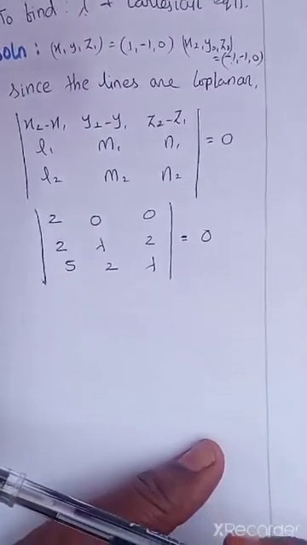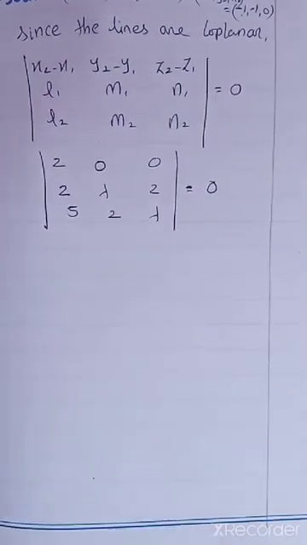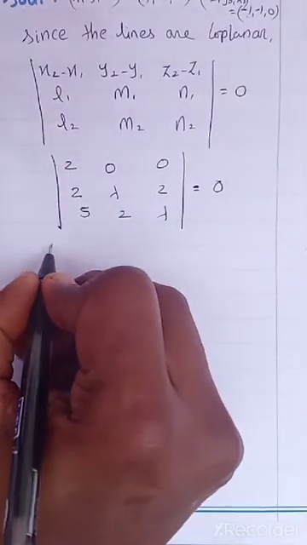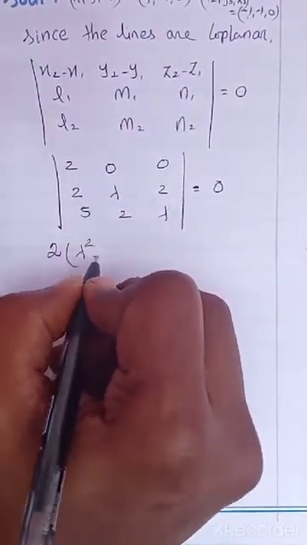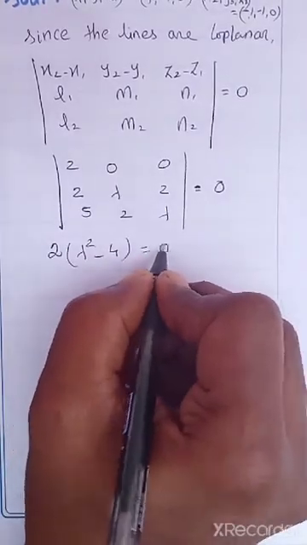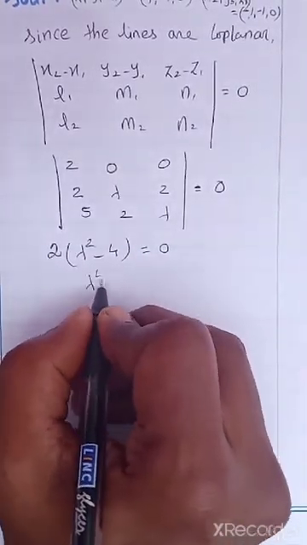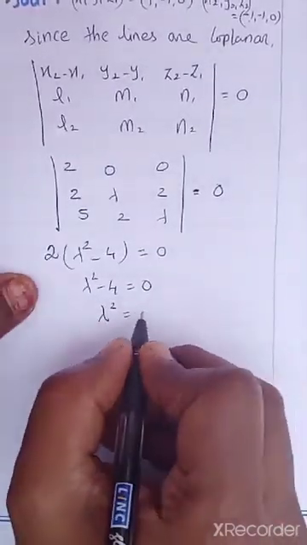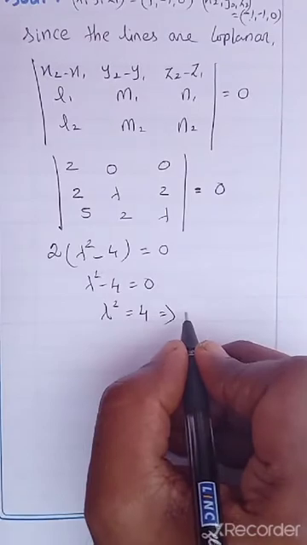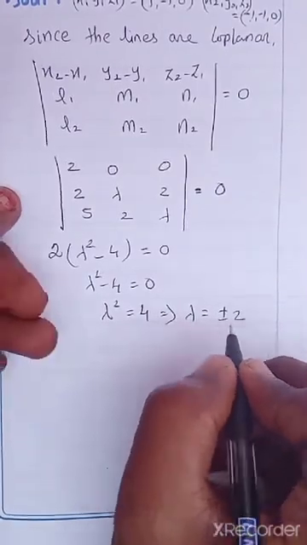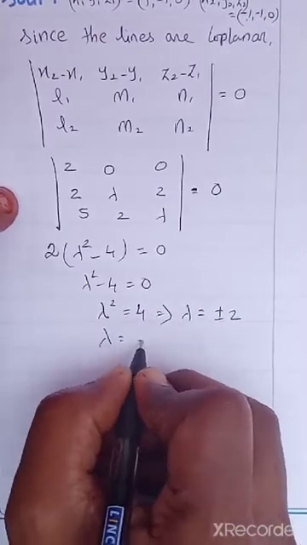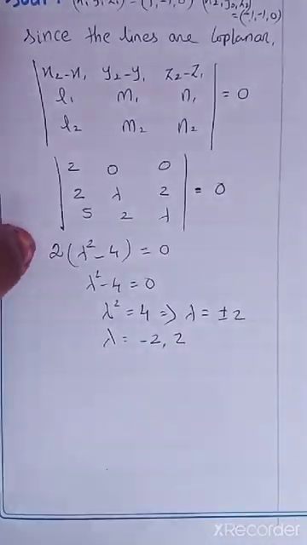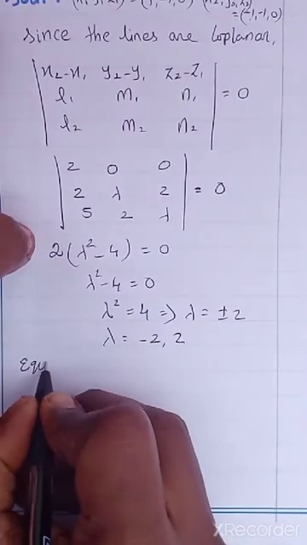Next, we have to find the determinant of this. So 2 lambda square minus 4 equals 0. So lambda square minus 4 equals 0, lambda square equals 4, which implies lambda equals plus or minus 2. So what is your lambda value? Minus 2 or plus 2. So we found lambda. Next, what we have to find out is the equation of the plane.